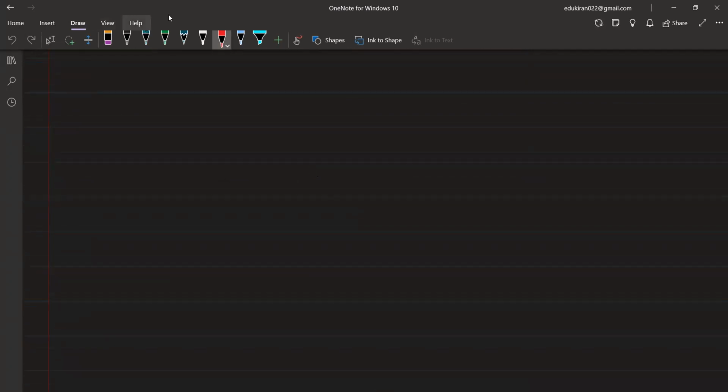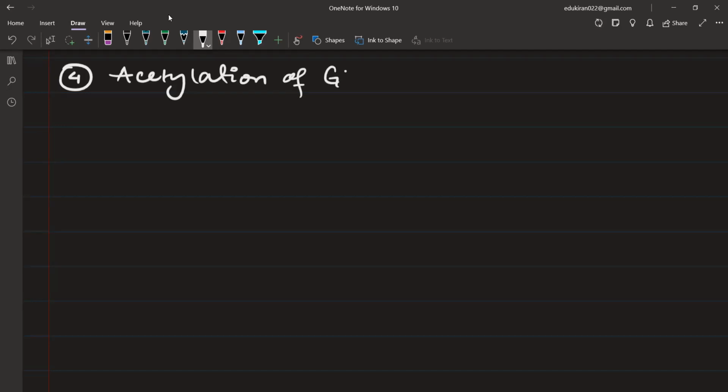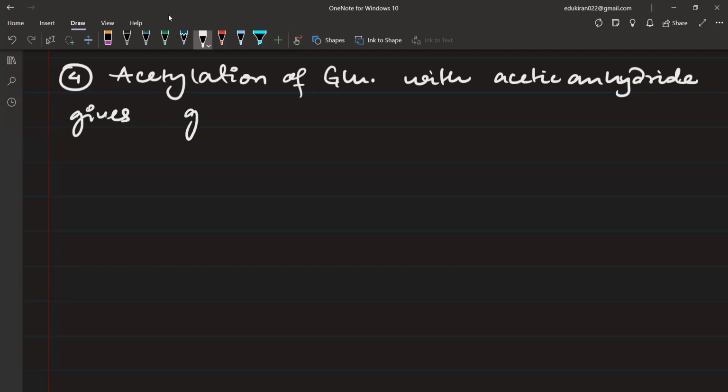Write the fourth one. See the fourth one. Reaction लिखिएगा आप लोग, please see. Acetylation of glucose with acetic anhydride gives glucose pentaacetate. ठीक है, so it reacts with acetic anhydride.